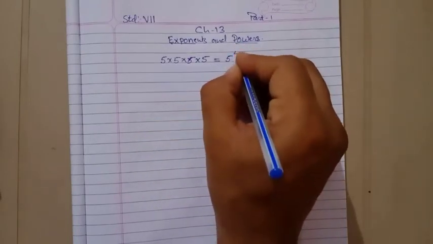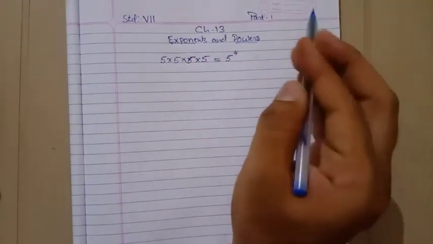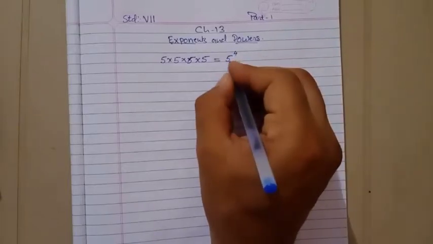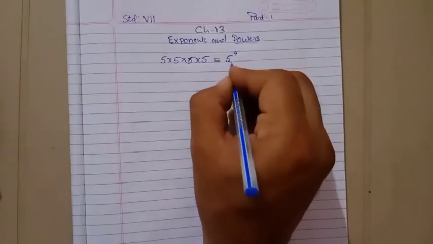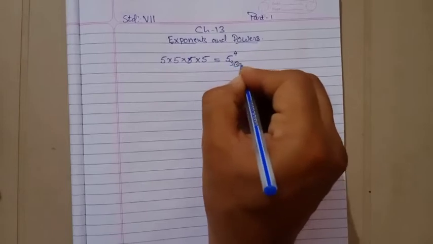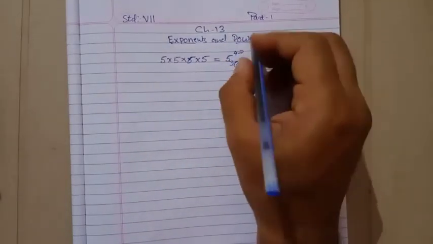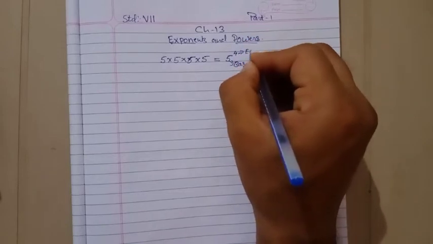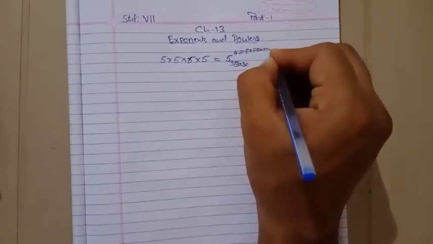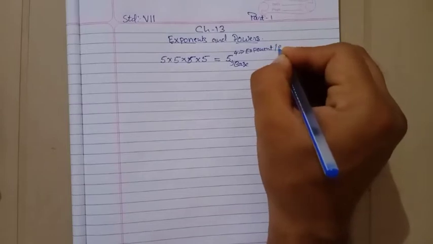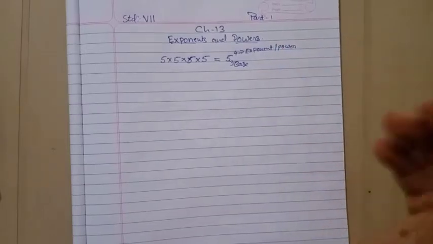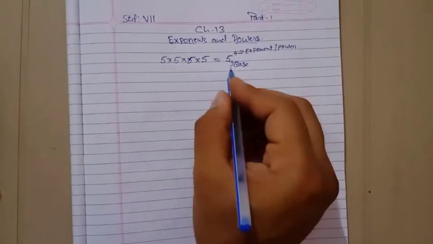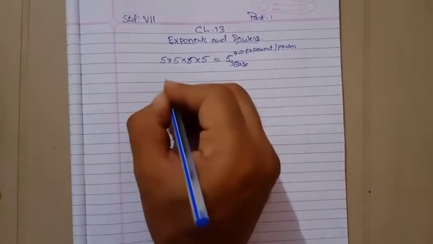So 5 is called the base, and 4 is called the exponent or power. So when it is being read, how will we read it?